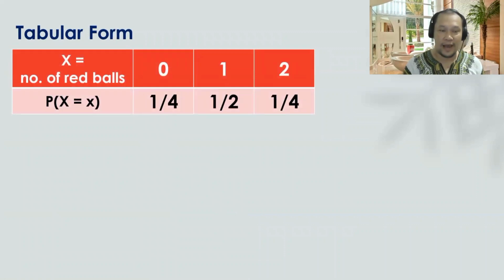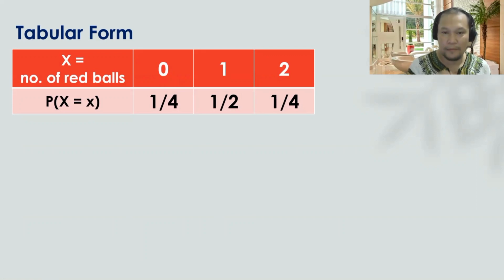First, we are asked to construct the discrete probability distribution using the tabular form. If x is the number of red balls, then we can have 0, 1, and 2, and its corresponding probabilities are 1/4, 1/2, and 1/4.